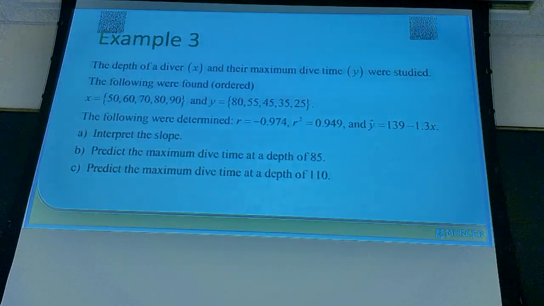Two terms, interpolation and extrapolation. What was extrapolation?